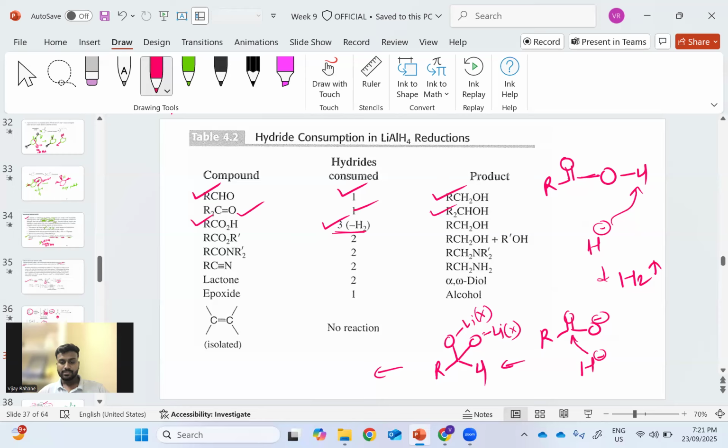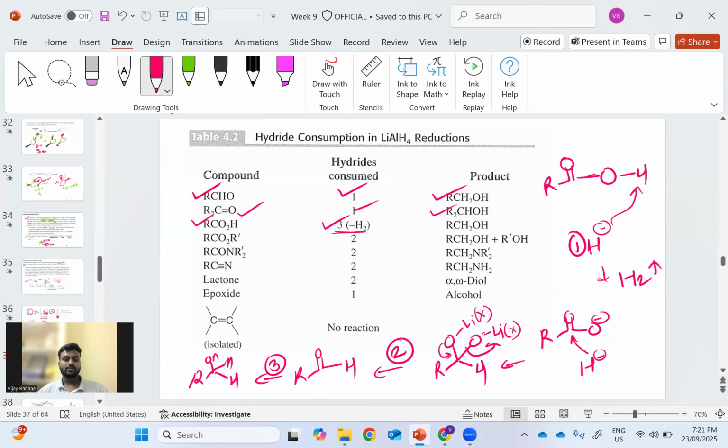Upon this, it will again eliminate this entire species. So it gives an aldehyde intermediate, and then the third equivalent will be used for the reduction of this aldehyde. So the first equivalent here, the second equivalent here, and here the third equivalent.